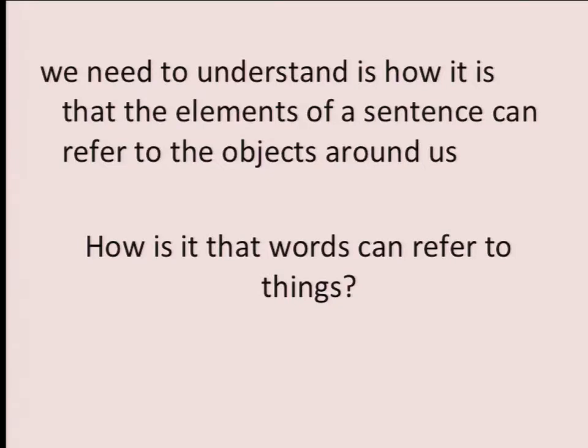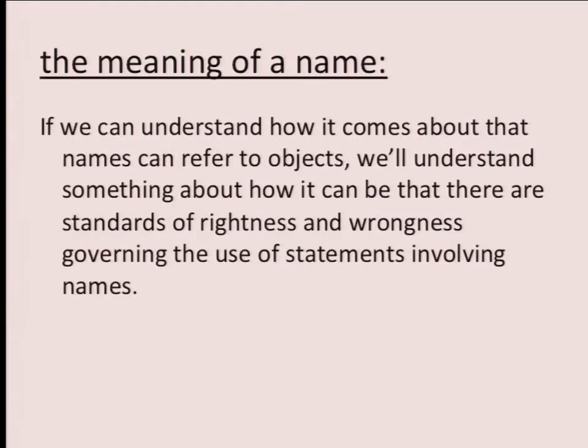That is the basic puzzle. If we can understand how it comes about that names refer to objects, then we'll understand how it happened that there are standards of rightness and wrongness governing the use of statements involving names. That's really the fundamental connection between language and reality, the connection between a name and an object.